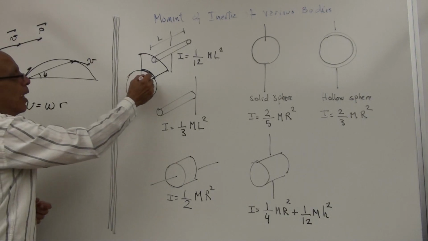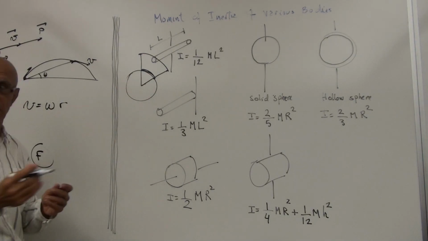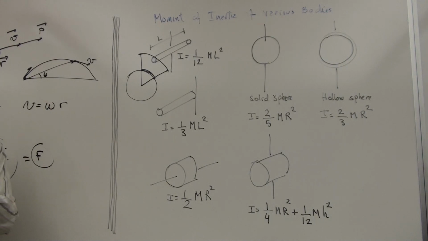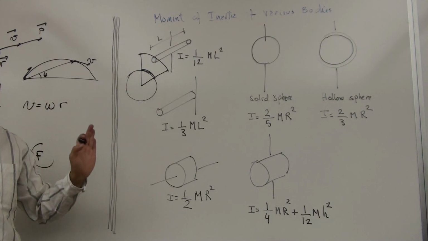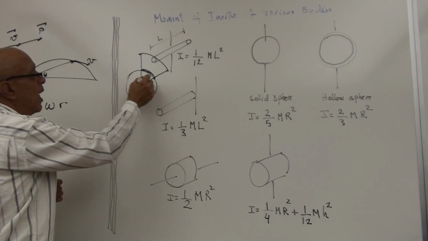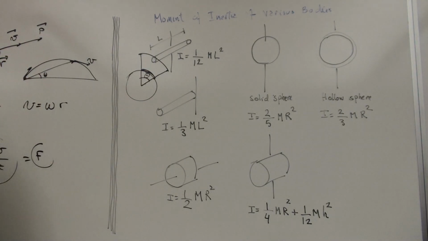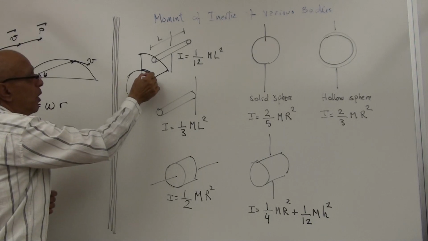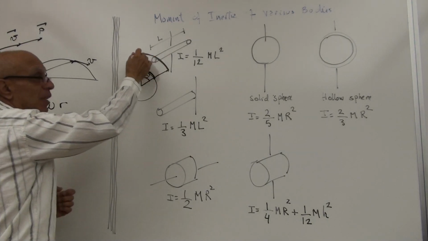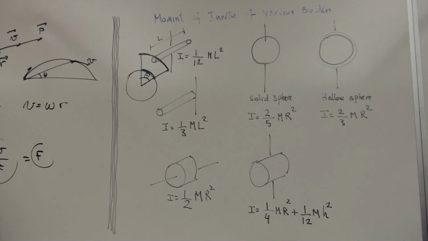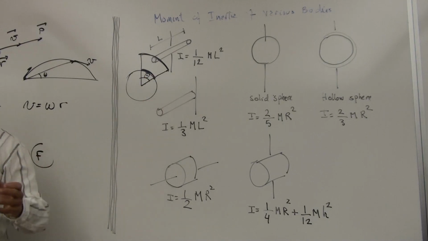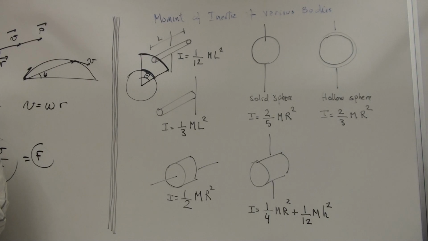If you get closer and closer to the center, the linear velocity is reducing. The angular velocity is the same, because the angular velocity is related to the angle, how fast that angle is changing. But the linear one covers this distance versus this distance in the same time. So covering different distances at the same time, they have different velocities.